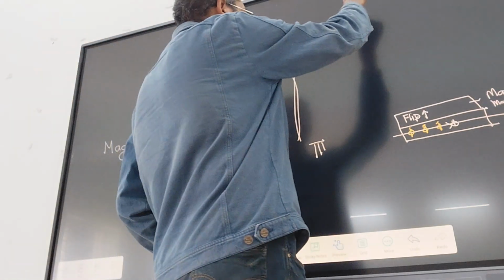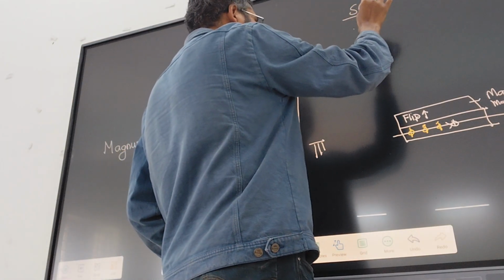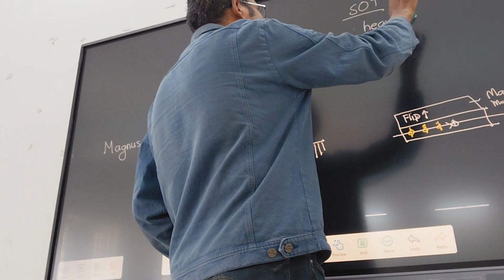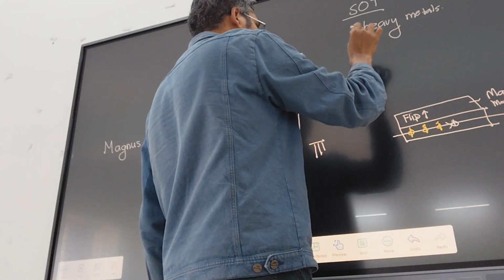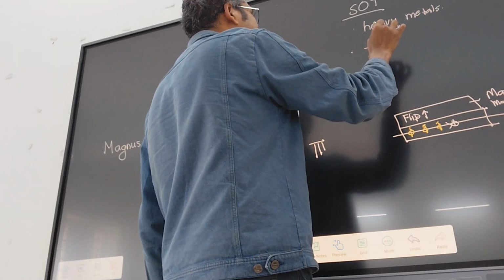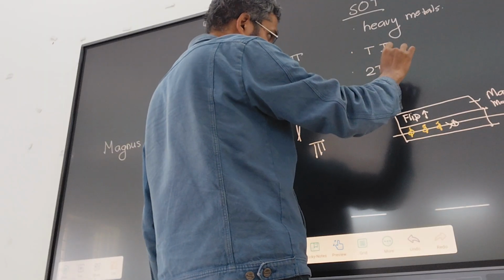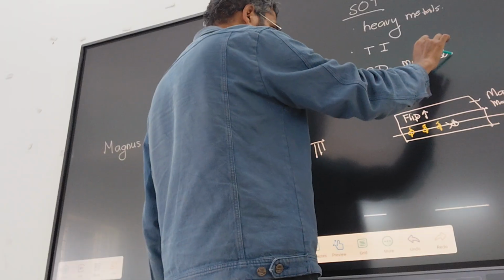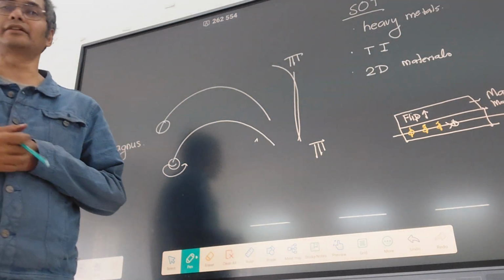And spin orbit torque is usually observed in materials like heavy metals, in topological insulators, in 2D materials. Normal silicon cannot take this.